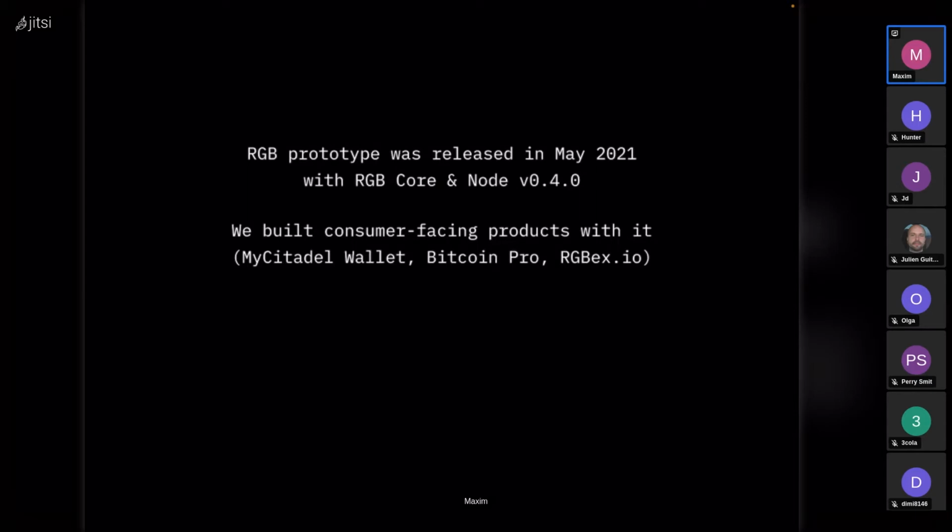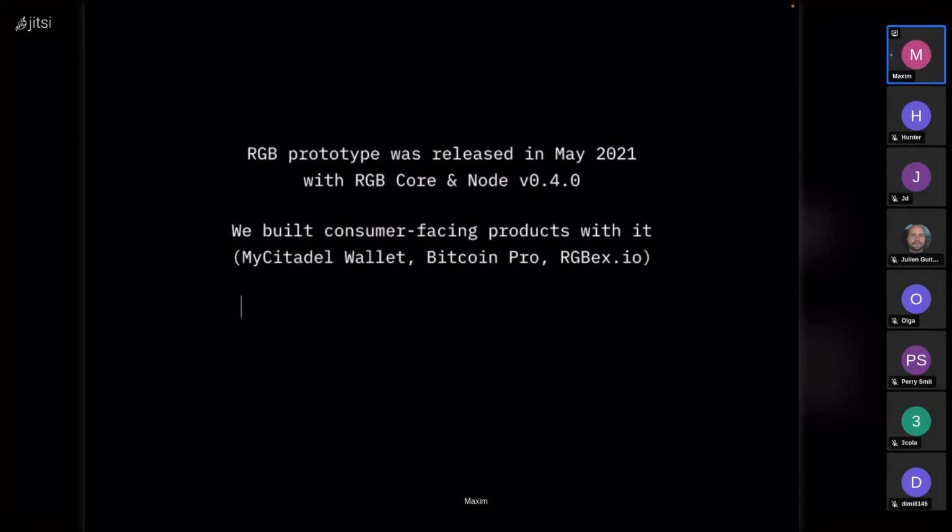It was a set of wallets: My Citadel wallet, a mobile application for iPhone and iPad, a desktop wallet, and also a command line wallet and server-side wallet, just to try that RGB works in all these environments. There was also Bitcoin Pro, a tool for asset issuers, and RGBX.io, a website to list the issued assets.